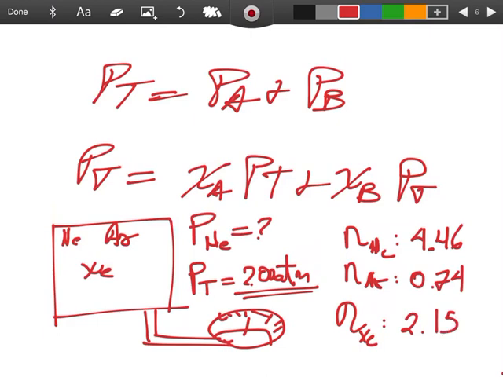How are we going to solve it? Let's summon what we already know. I know that PA is the same as XA times PT. So let's change A for what we need.